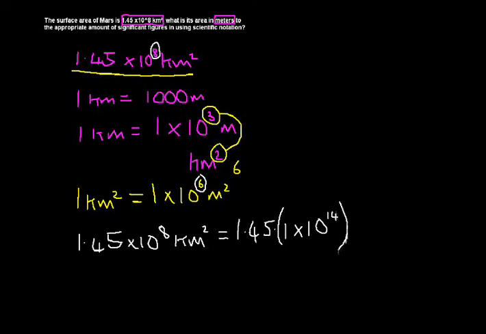You're saying, Jay, where did you get that 14 from? All I've done is I've added this 6 here, 1 kilometre squared equals 1 times 10 to the 6 metre squared, to the 8 up here. That's all I've done. I've added it on.